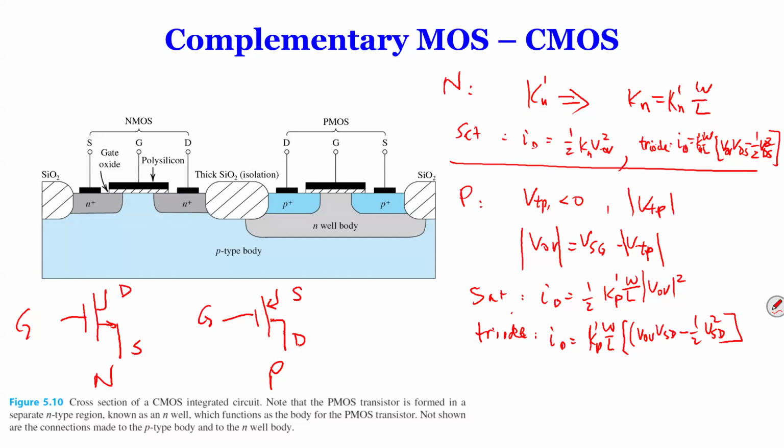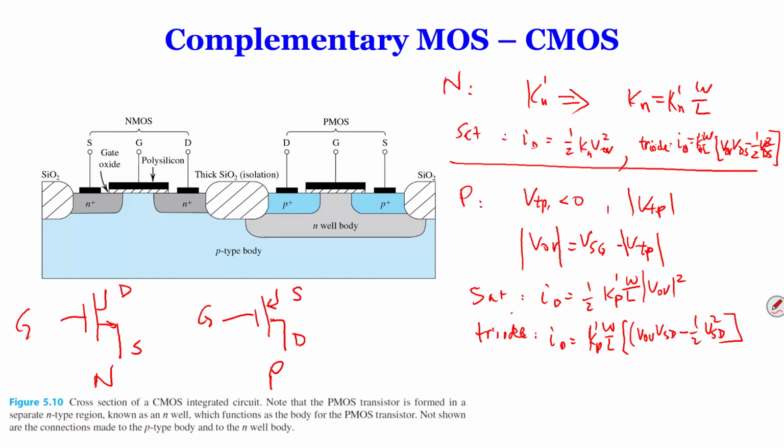For NMOS, current flows from drain to source. And for PMOS, current flows from source to drain. You can look at this little arrow that's pointing in the current direction. This is the current direction.